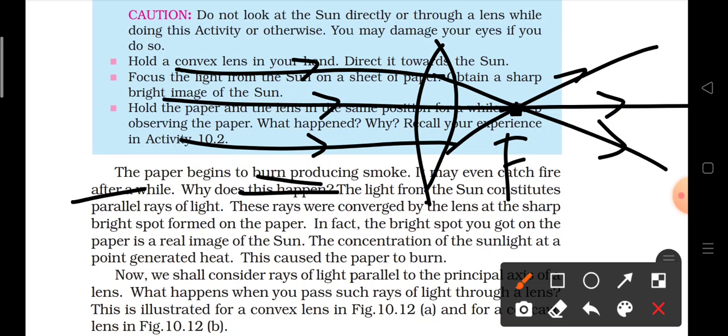Why does this happen? The light from the sun constitutes parallel light rays. These rays are converged by the lens at a sharp bright spot formed on the paper.